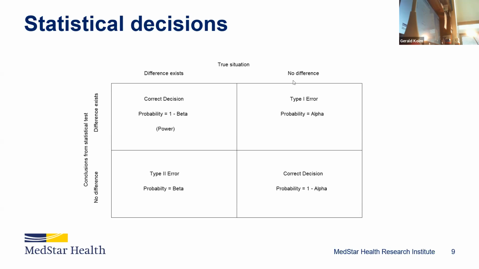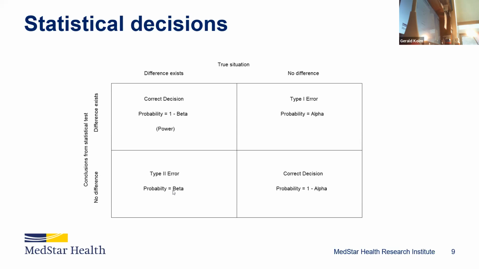Then if there is no difference in the population, and we conclude there is no difference, then we've made a correct decision. The probability of this is just 1 minus alpha. On the other hand, if there is a true difference in the population, but based on our statistical test, we conclude that there is no difference, then we've made what's called a type 2 error.